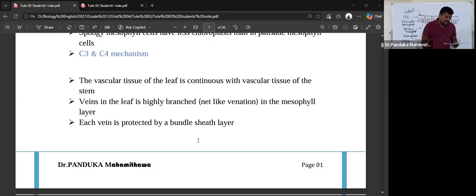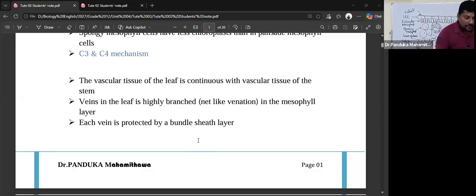Each vein is protected by a bundle sheath layer. You remember the bundle sheath cells, which were very important in the C4 mechanism.